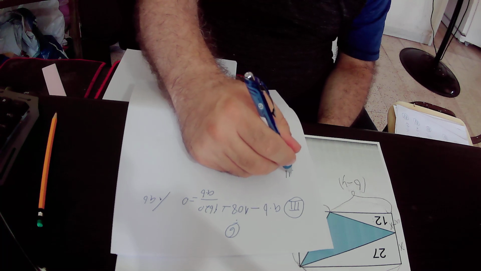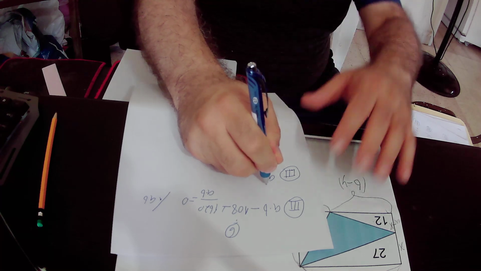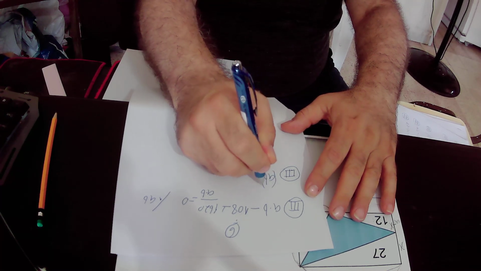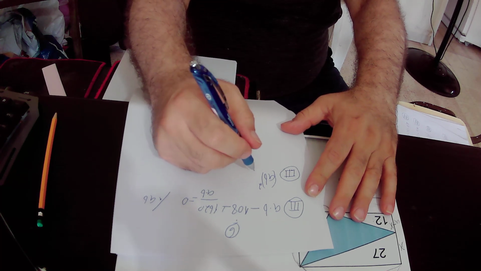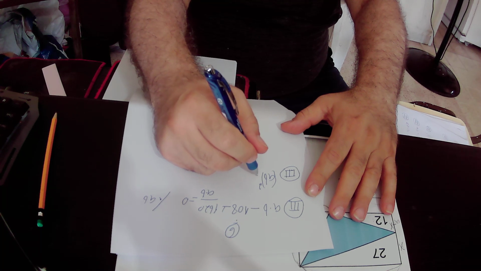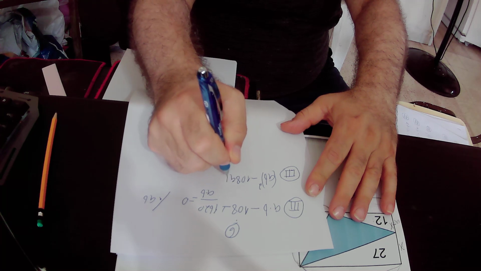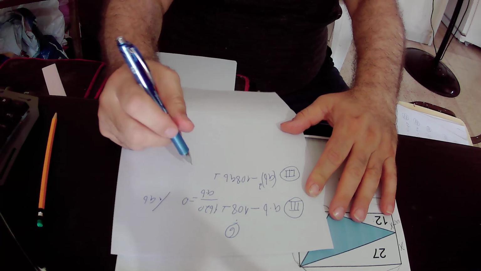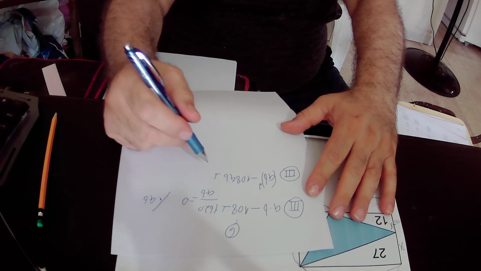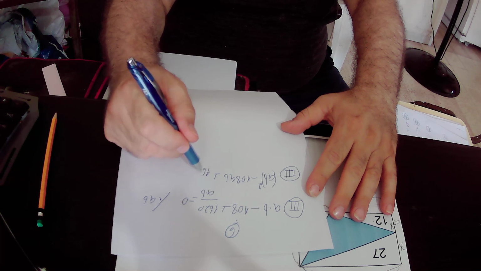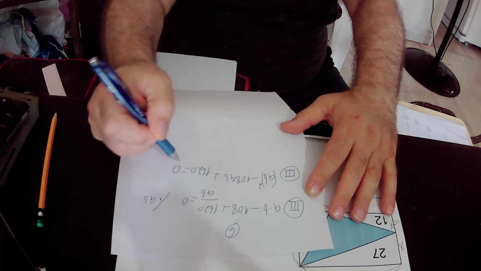So ab times ab is ab squared, negative 108 times ab is negative 108 ab, plus 1620 over ab times ab will be 1620, and 0 times ab is 0.